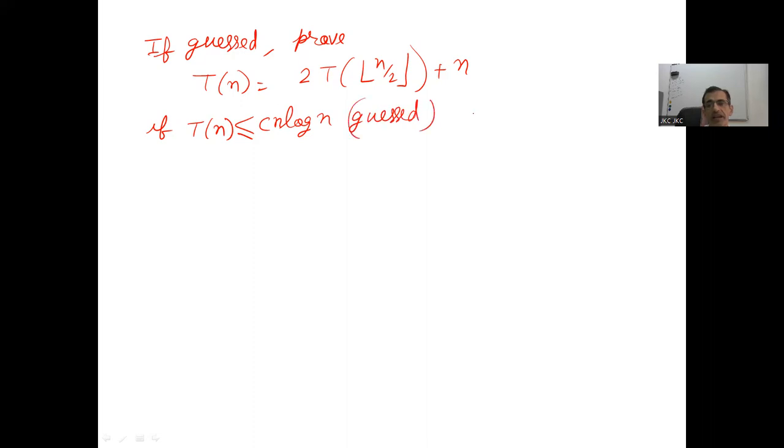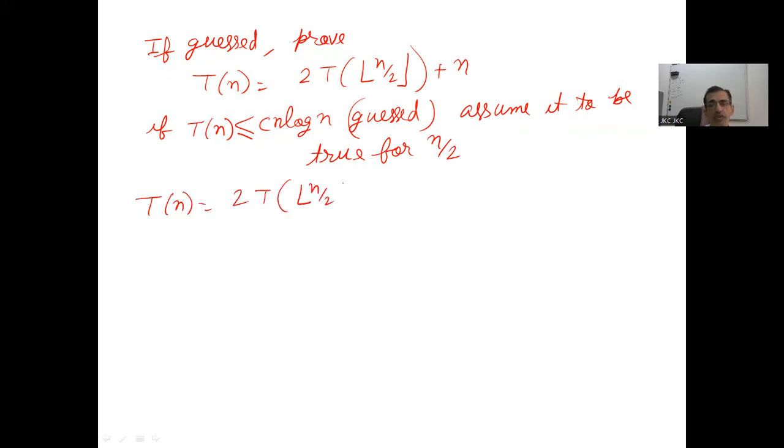So I will say assume this to be true for n by 2. For size n by 2, if I assume it is true, that will mean I have T(n) equal to 2T(n/2) plus n, and this answer I know via this. I said that I assumed it to be true for n by 2.